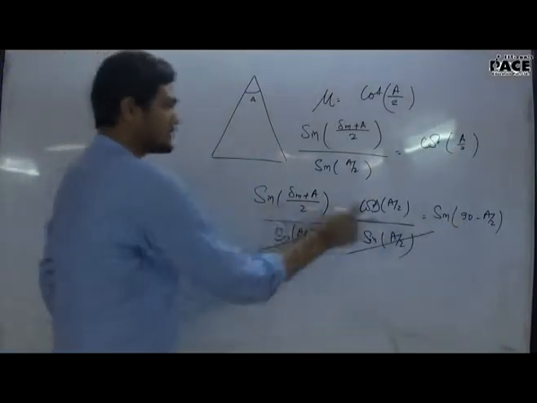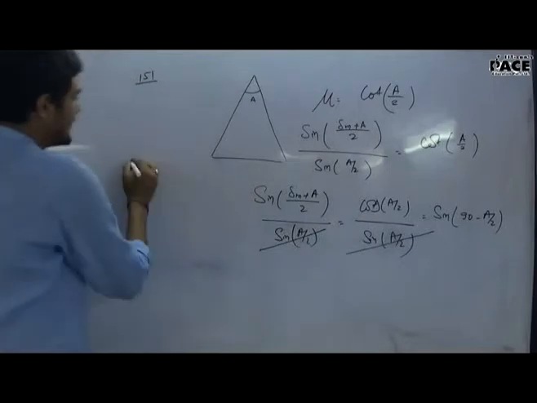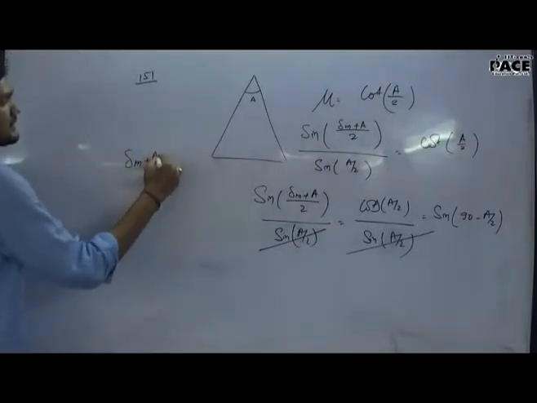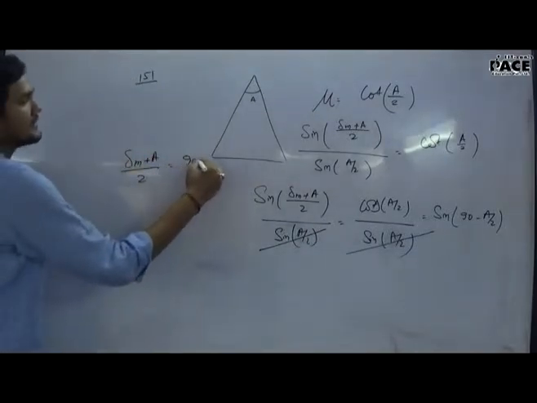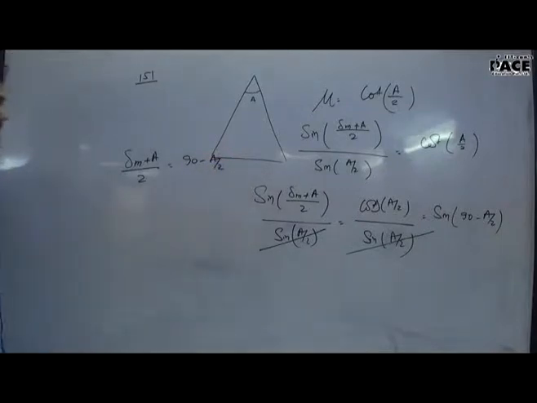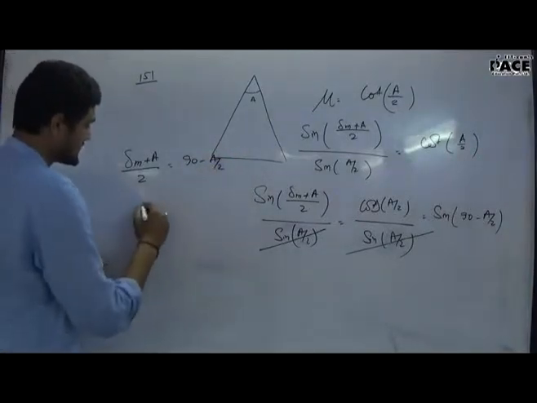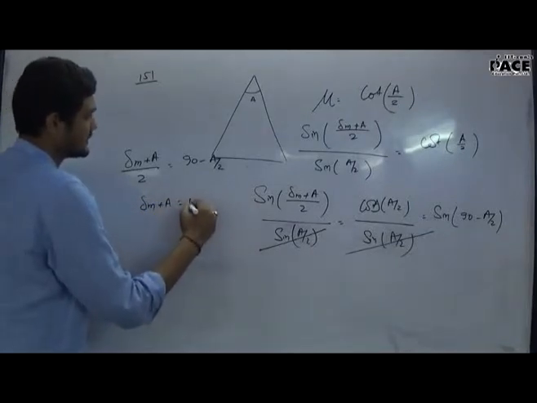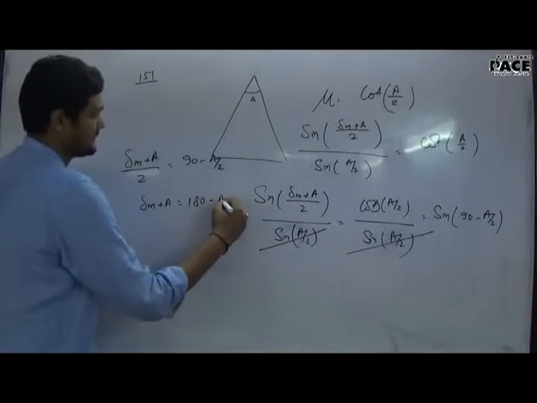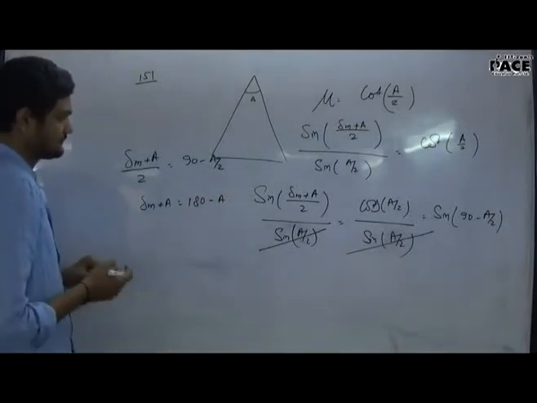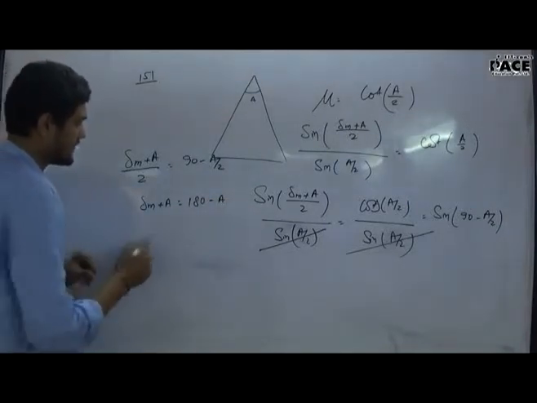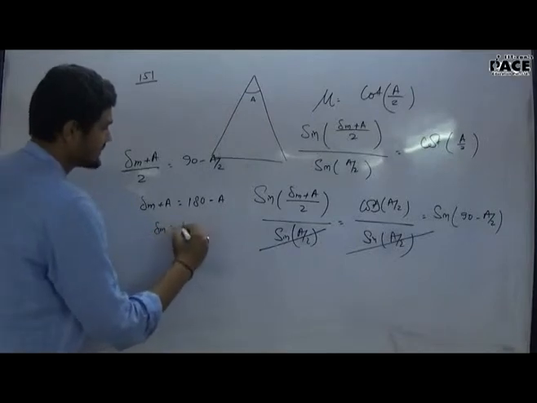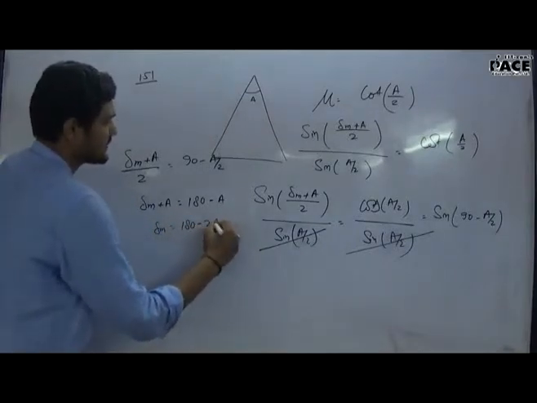Now comparing these two equations, if we remove sine, we get (delta m plus A) by 2 equal to 90 minus A by 2. So delta m plus A is equal to 180 minus A, so delta m is equal to 180 minus 2A.